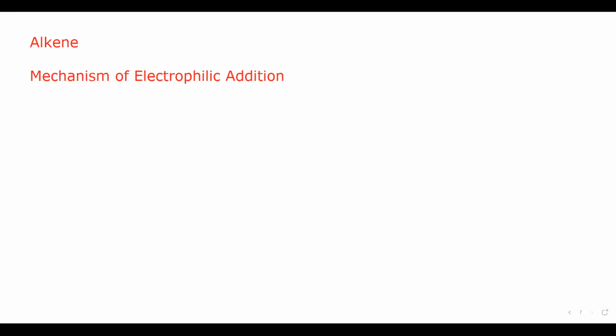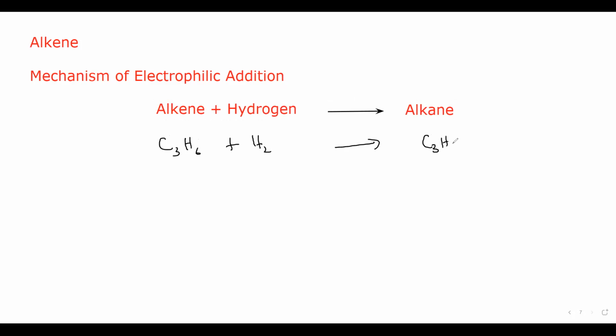How does the mechanism happen, how does this reaction occur? As we say, alkene plus hydrogen results in the formation of alkane. For example, propene, which is C3H6, plus hydrogen results in the formation of C3H8, propane.